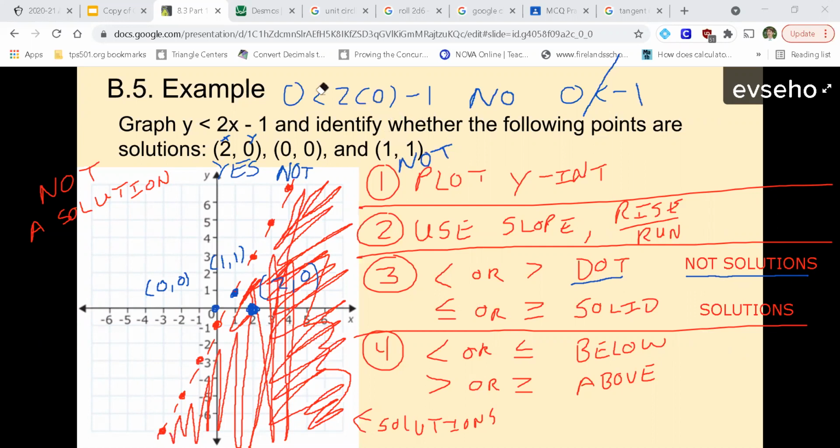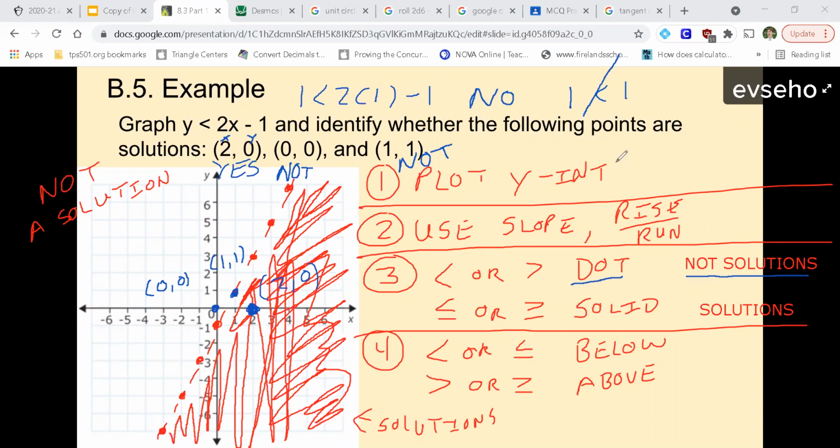If we plug in 1 and 1, is 1 less than 2 times 1 minus 1? No. Because if you do 2 times 1, you get 2, right? Minus 1 is 1. Is 1 less than 1? No. Of course not.